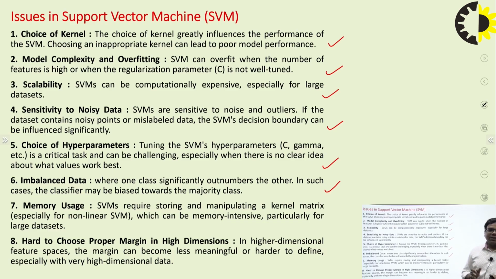Imbalanced data. Like if you have a data set with two classes and a total of 1000 entries, and class A has 800 entries and class B only 200 entries, then this is the case of imbalance.